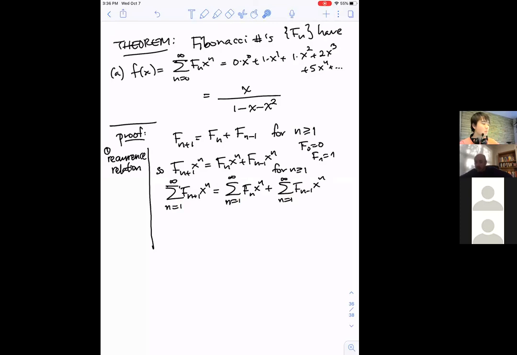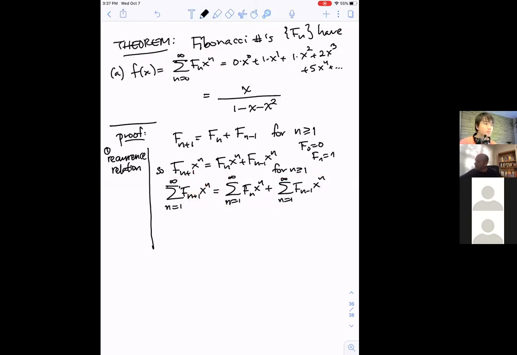I might even change them a bit, because this thing looks really close to our original f of x. What I'm going to try to do is rewrite everybody in terms of little f of x. And this one's very, very close. It won't be hard. But I'm going to try to adjust this one and adjust this one, since their subscripts on the f don't match the power of x. I'll try to fix that.